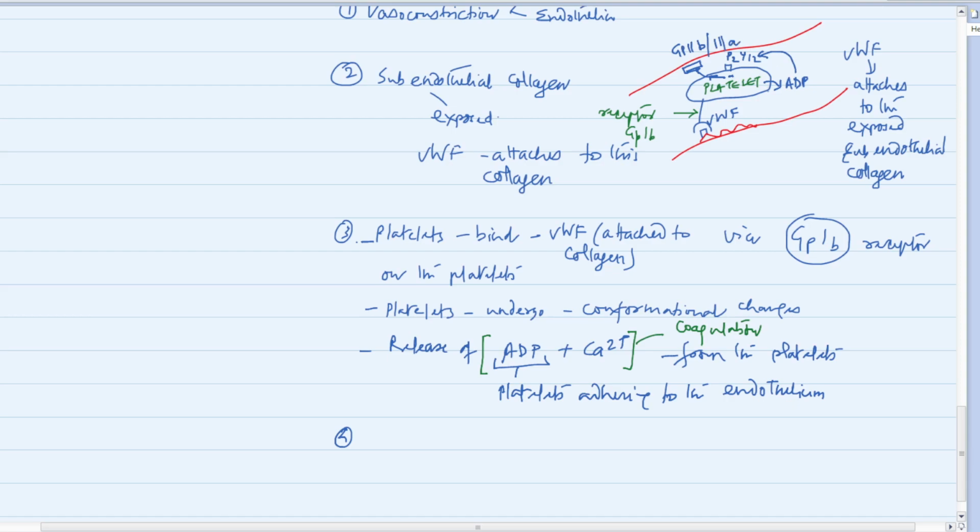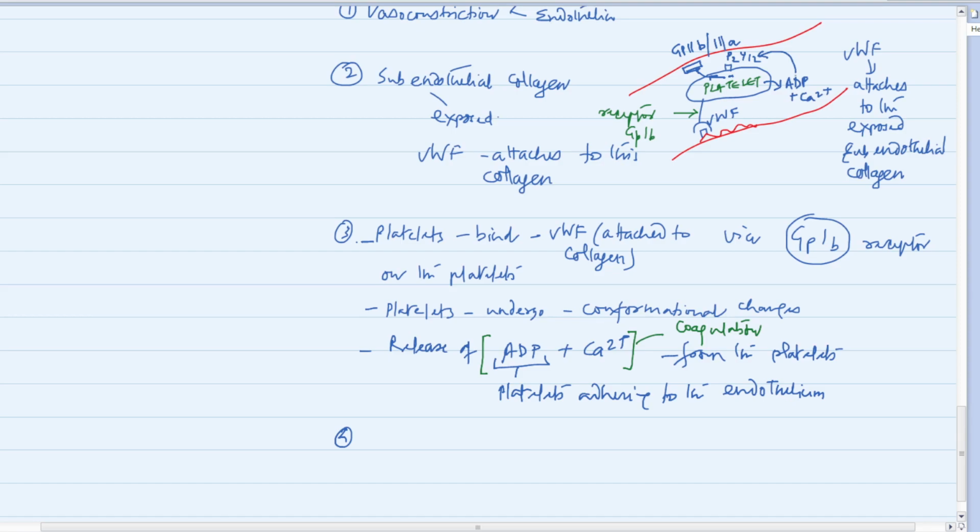So let's recall what's happening. This platelet binds to the von Willebrand factor bound collagen, and that results in conformational change of the receptor of the platelet, and that conformational change results in the release of ADP and calcium.